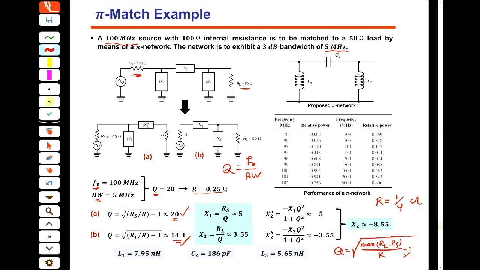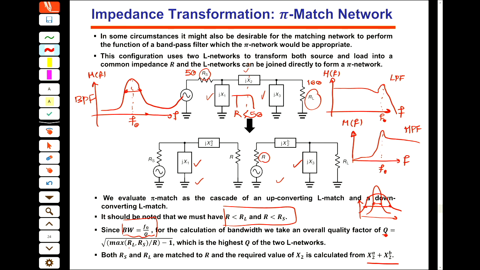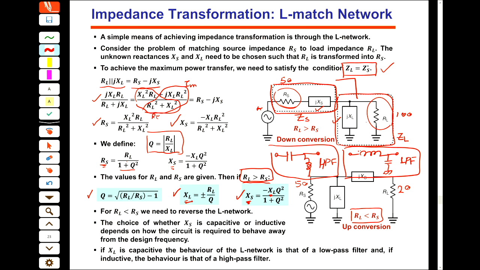So to find the values for X1, X2A, X3, and X2B, you have to follow these two equations. For X1 and X3, you use this one, and for X2A and X2B, you use this equation.